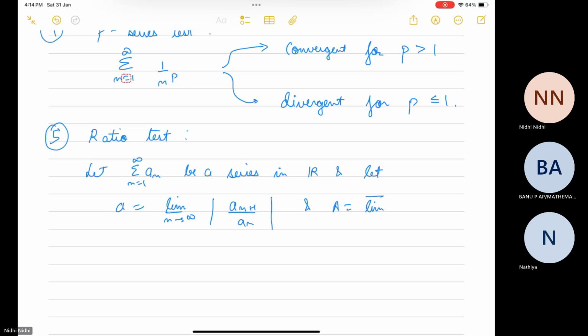Are you familiar with these terms, limit superior, limit inferior? Yes, ma'am. Okay.